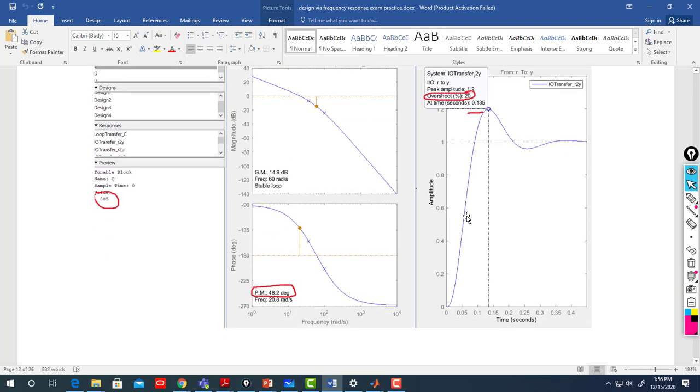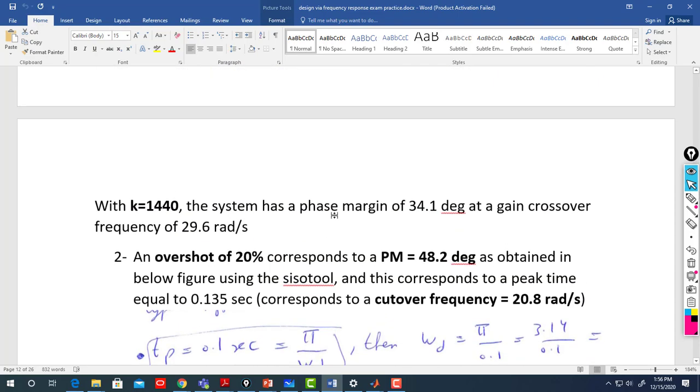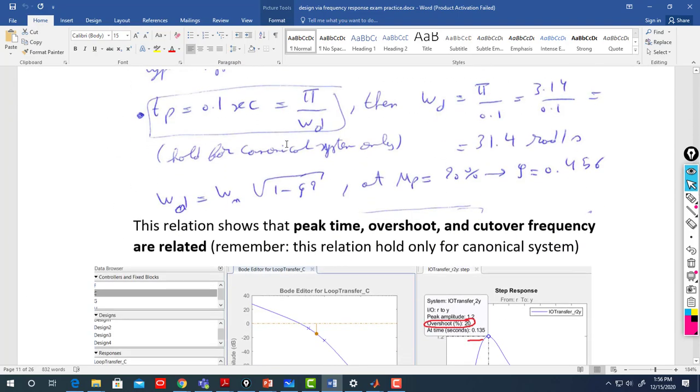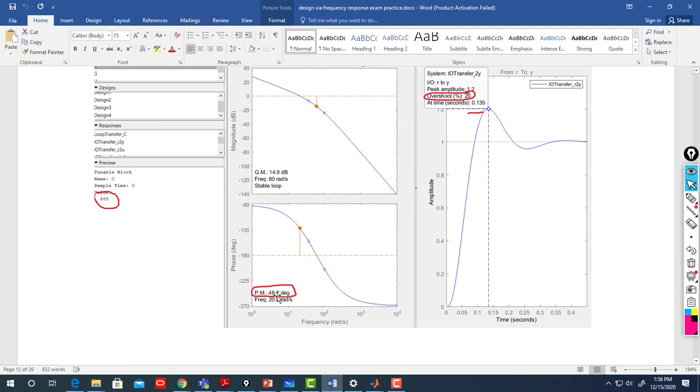And this is by increasing my phase margin from 34 to 48.2. So you need to move from the first situation to the second situation, so find the controller to lead you to this.